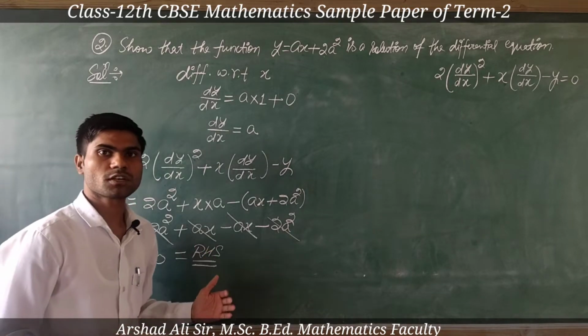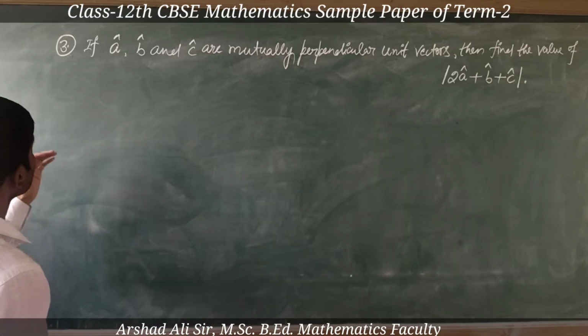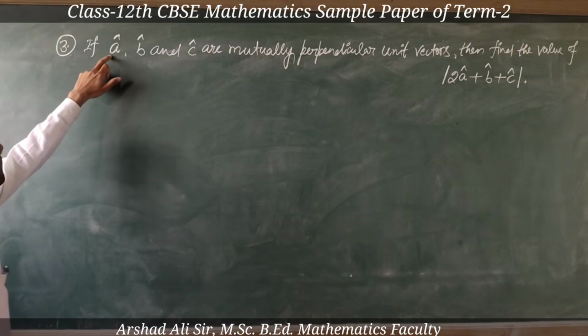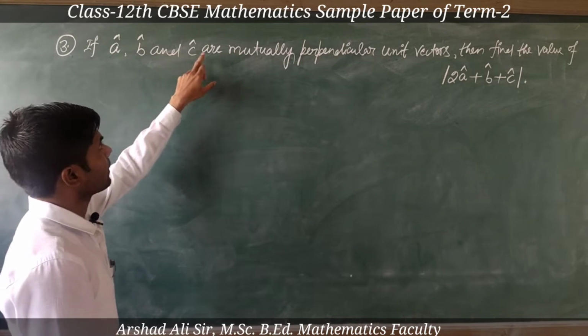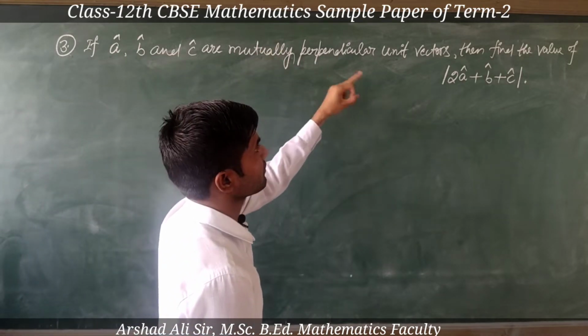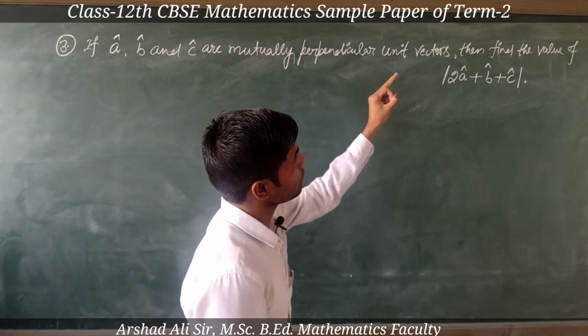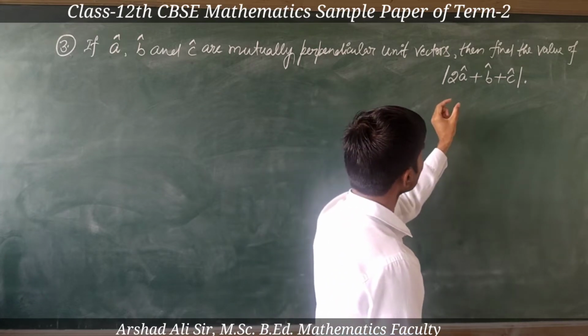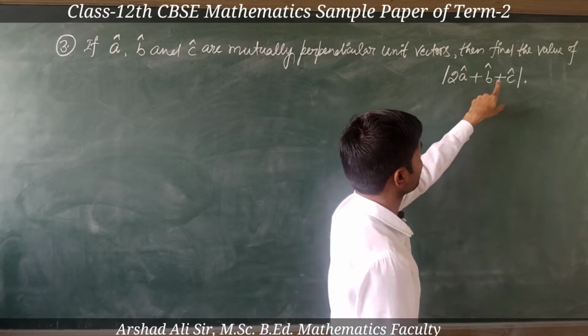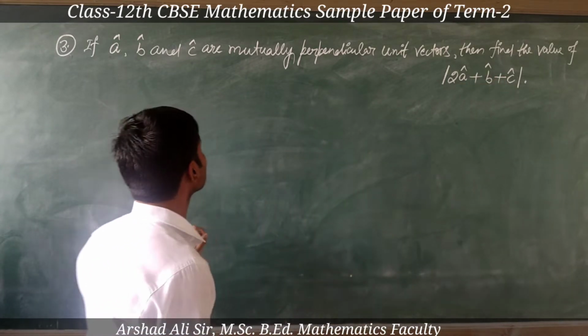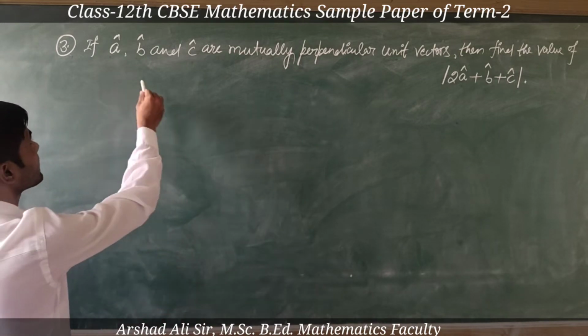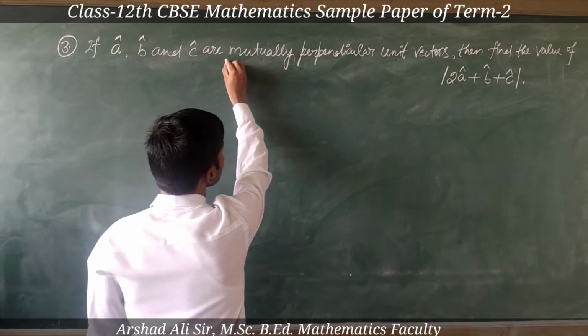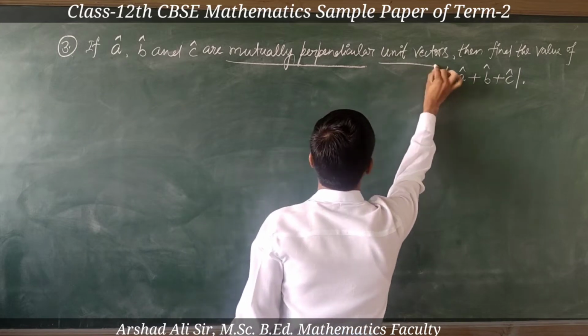Now we start question number 3. In the third question we are given: if a cap, b cap and c cap are mutually perpendicular unit vectors, then find the value of the magnitude of 2a cap + b cap + c cap. So we are given that a cap, b cap, c cap are mutually perpendicular unit vectors.